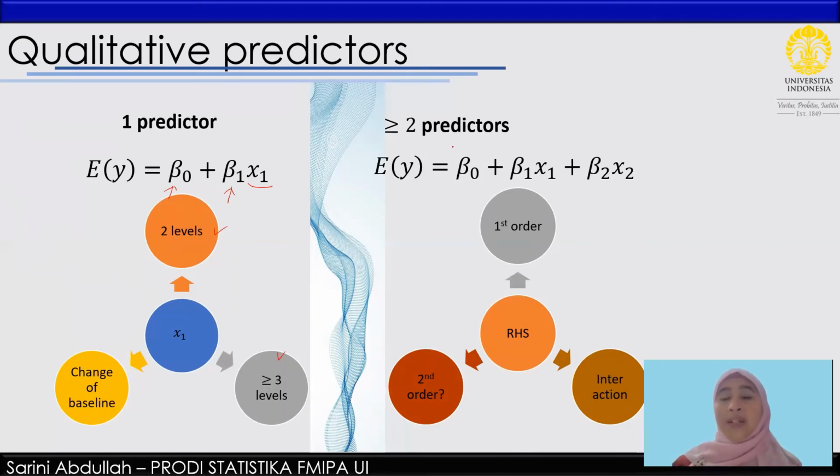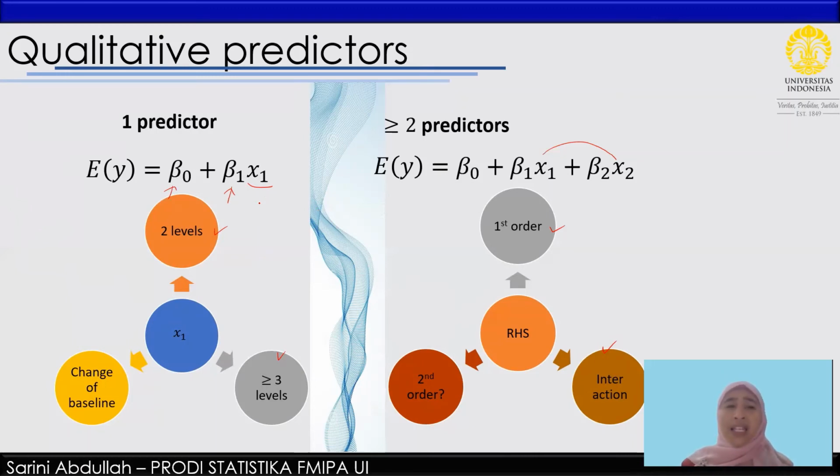If we have two predictors or more, we have similar issues to those in the quantitative predictors, that is, whether we need to include only the first order model. We also need to consider whether there is an interaction between the predictors, and in the case when there is an interaction, how we can incorporate those interactions for qualitative predictors, because it's slightly different from quantitative predictors, as we have to define dummy variables to represent those qualitative predictors.